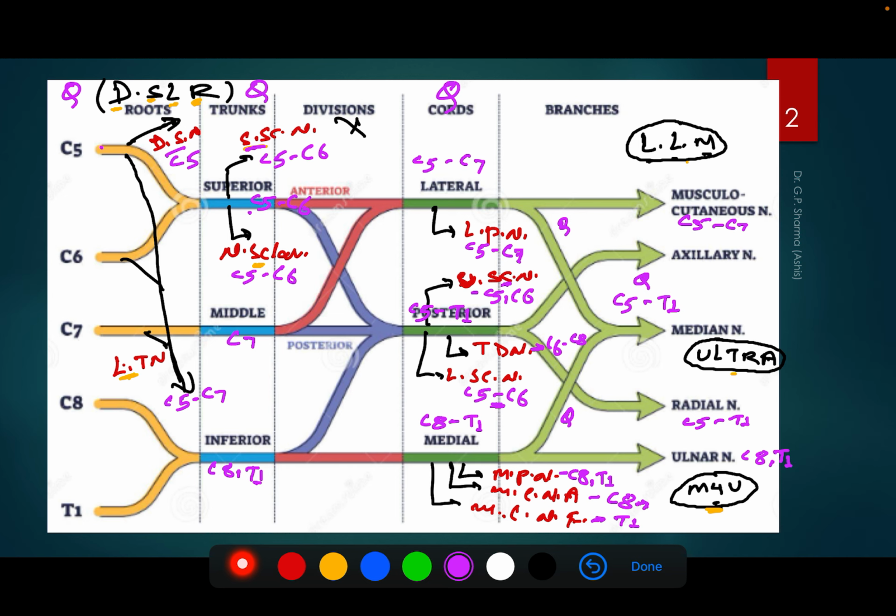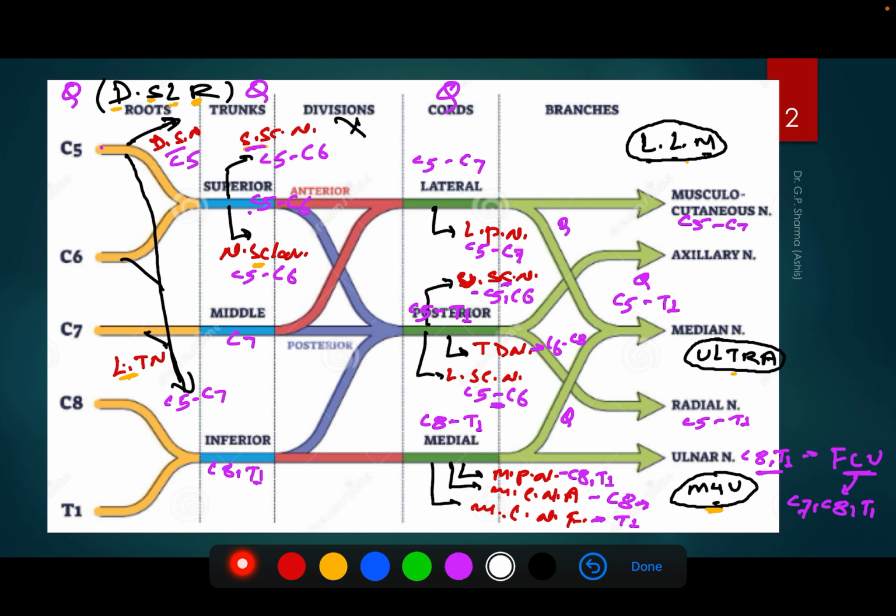We will discuss the muscle supply. The ulnar nerve also supplies the flexor carpi ulnaris muscle. The ulnar nerve which is going to flexor carpi ulnaris contains the root value C7, C8 and T1. So this is the exception here that we should memorize.